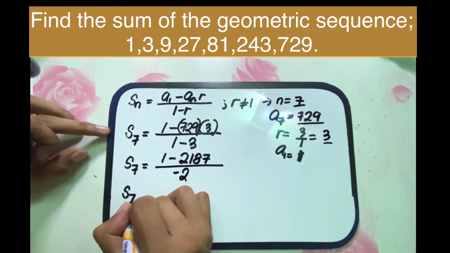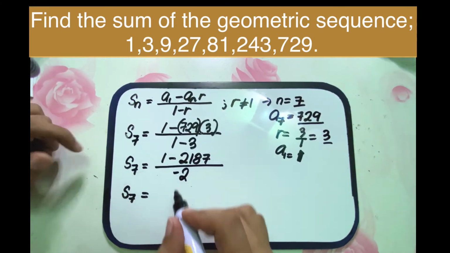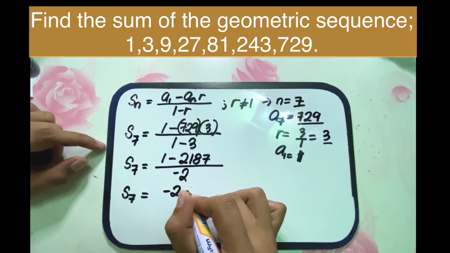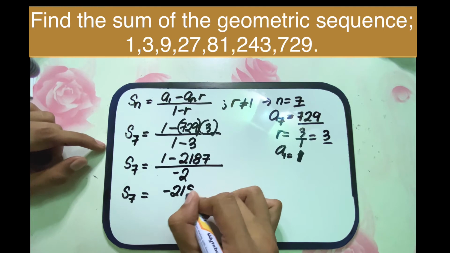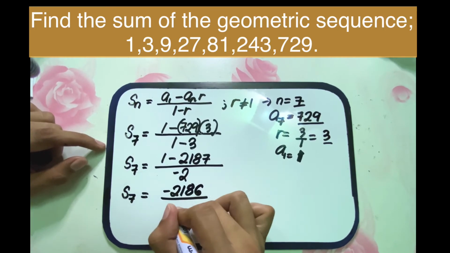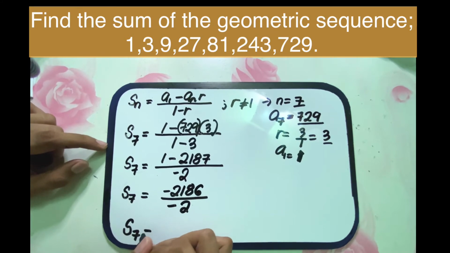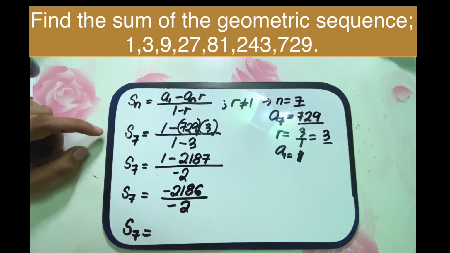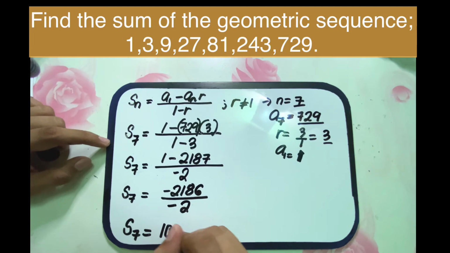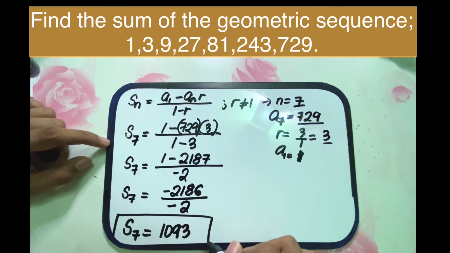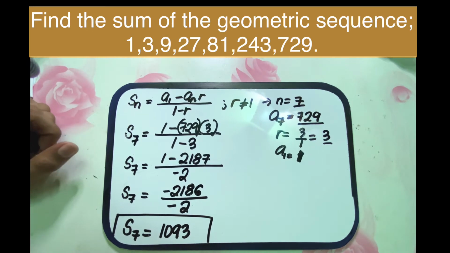So S sub 7 equals 1 minus 2,187, which is negative 2,186, all over negative 2. So our S sub 7 is 1,093. This is the sum of the given geometric sequence.